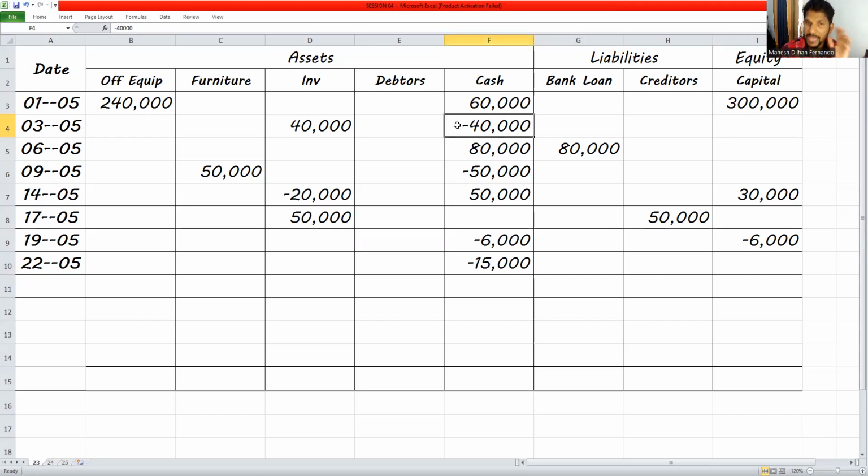So this is a payment, but it is not an expense. This is also a payment, even that is not an expense. This is a payment and it is an expense. Once again, this one is also a payment in cash, but even that is not an expense. It's a settlement of a liability. Do you see this?